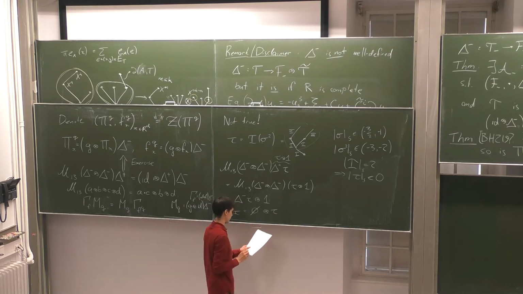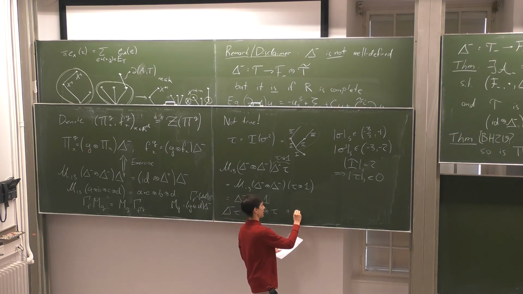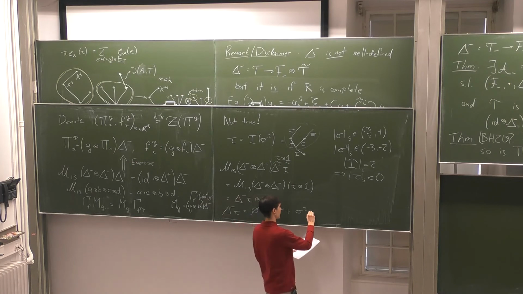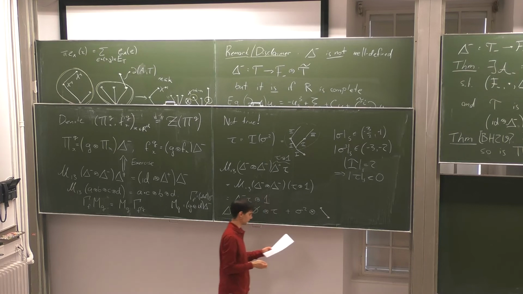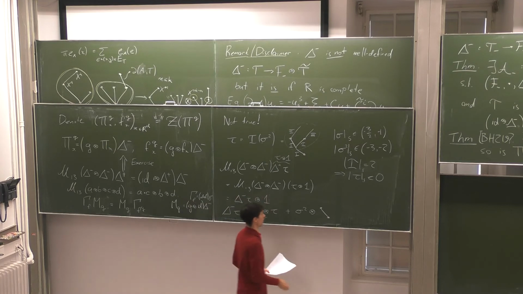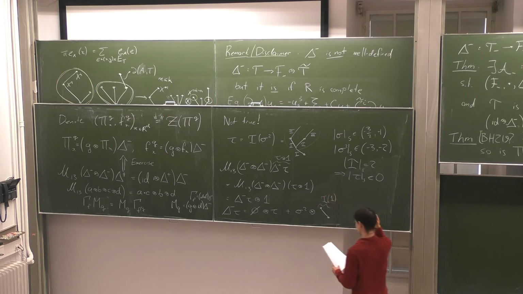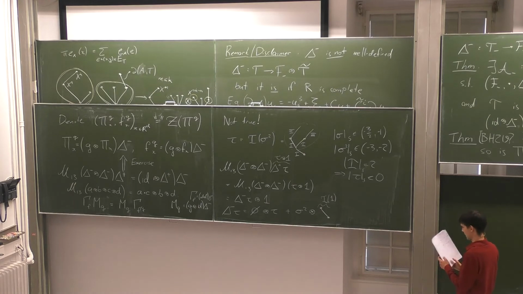I can always do this. And then I extract all non-planted negative subtrees. This gives you sigma squared, and then it's going to give you a tree like this over here. And so this tree can be written symbolically as I of 1. Right.